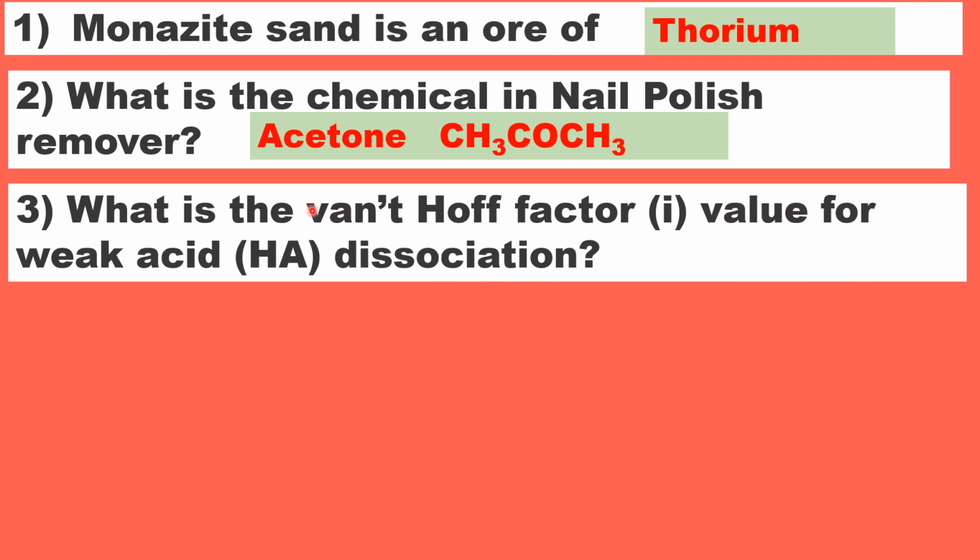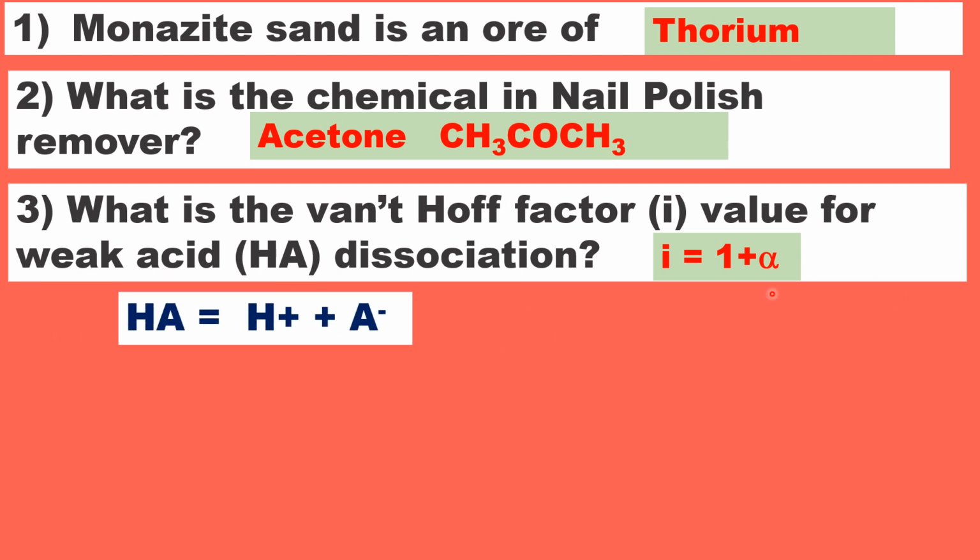What is the van't Hoff factor i value for weak acid dissociation? For weak acid dissociation, i equal to 1 plus alpha, where alpha is the degree of dissociation.